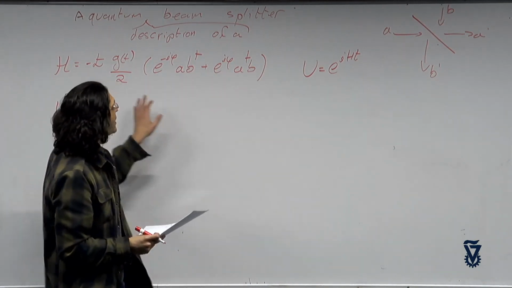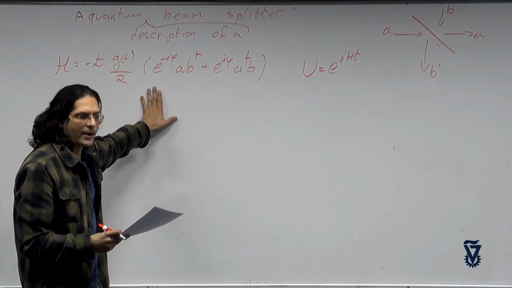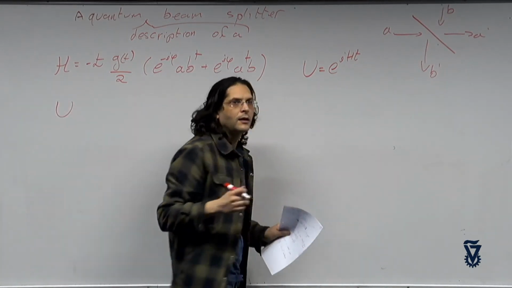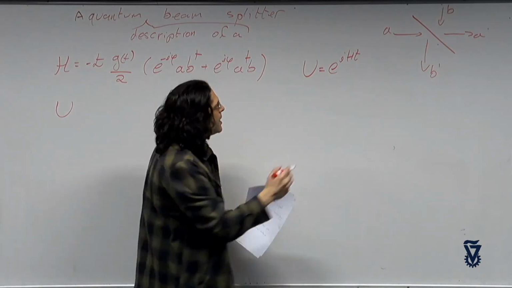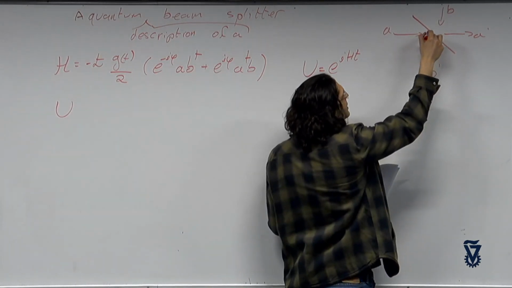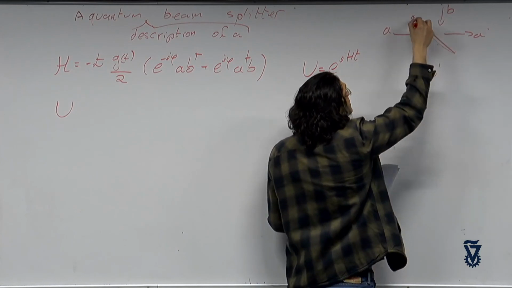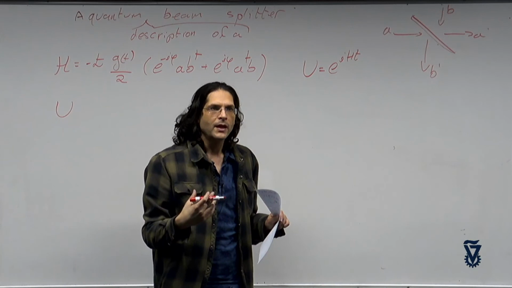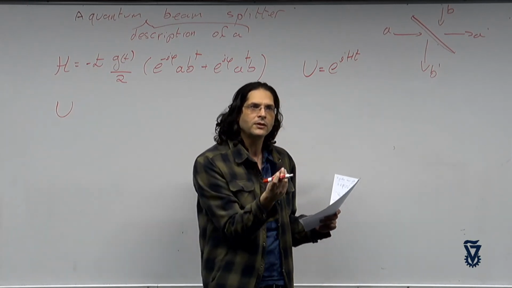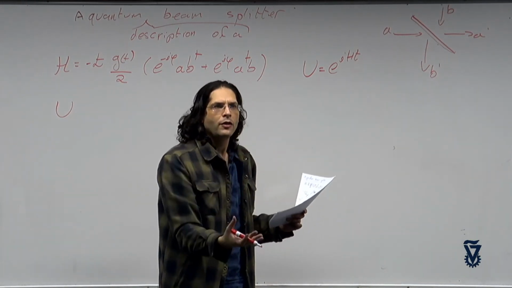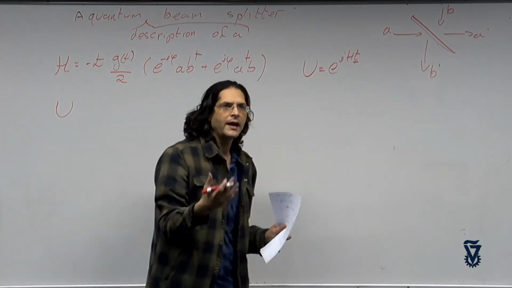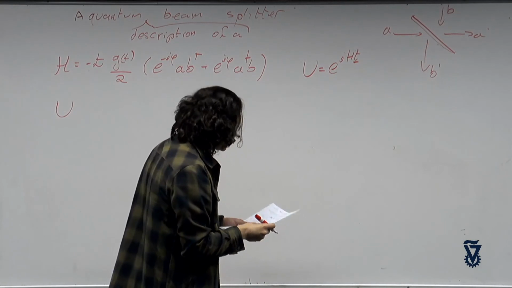I'm going to write this unitary now for this Hamiltonian, but I'm also going to take the extra step of parametrizing g in terms of time, because the light is going to be spending some time over here and then being transmitted or reflected. We don't care about what happens during the time evolution, we care about the whole evolution over some time t that the light spends in this beam splitter.